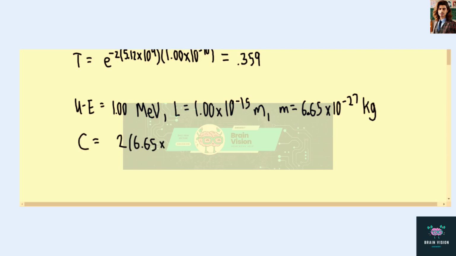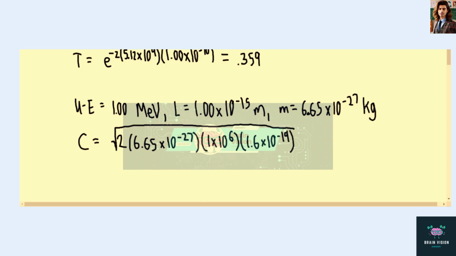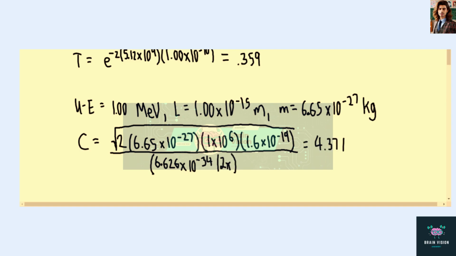So we calculate the same way for C, but with these values, and we obtain 4.374 times 10 to the 14th inverse meters.